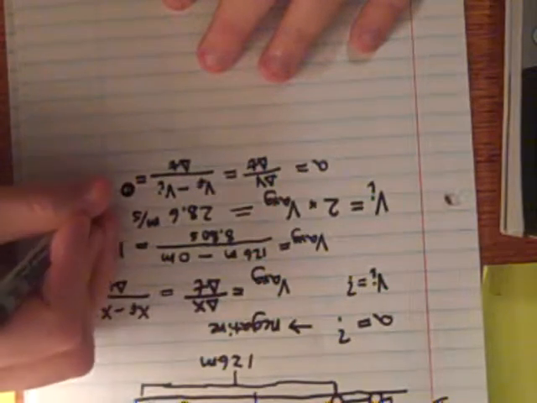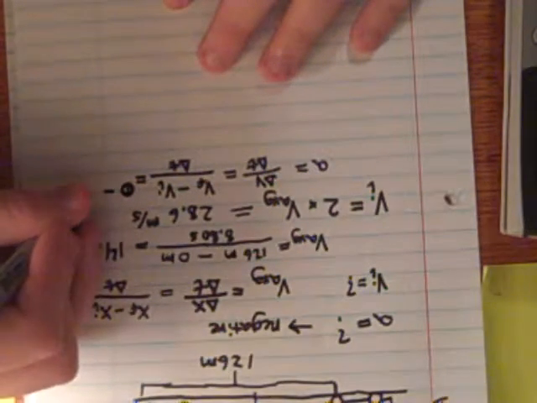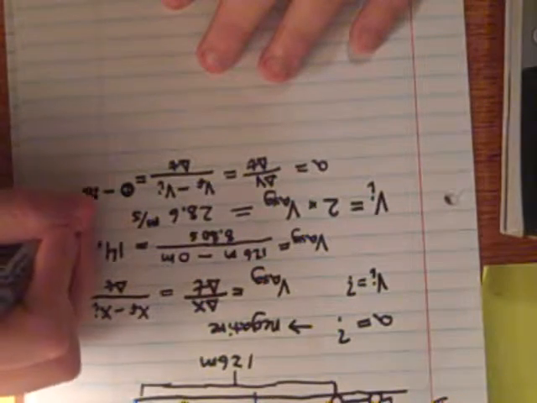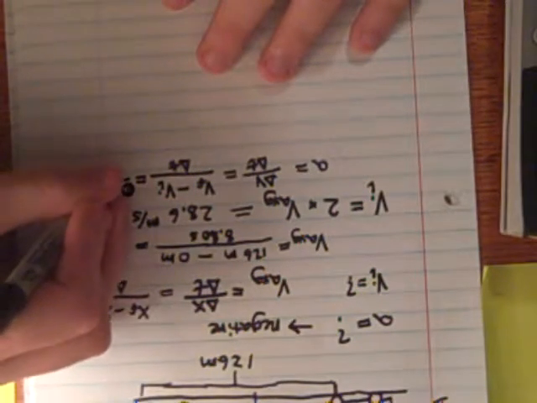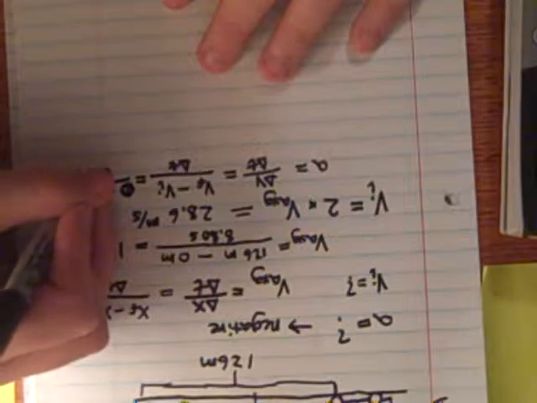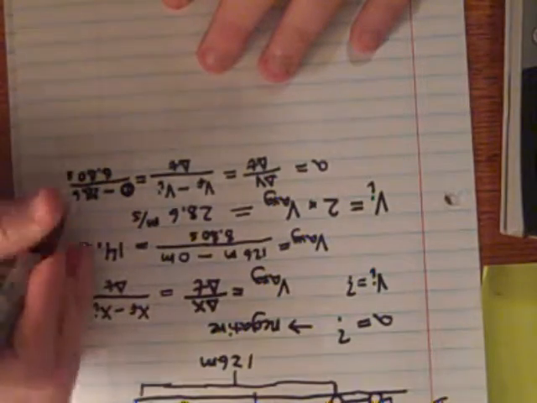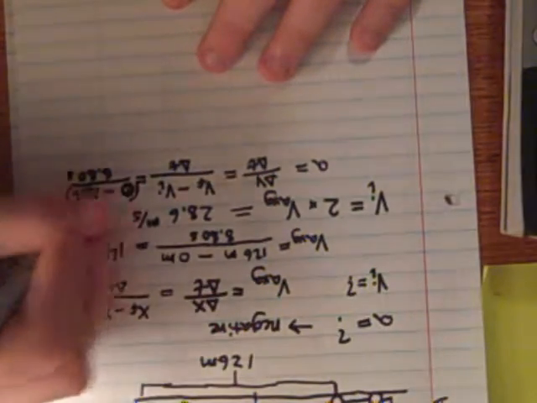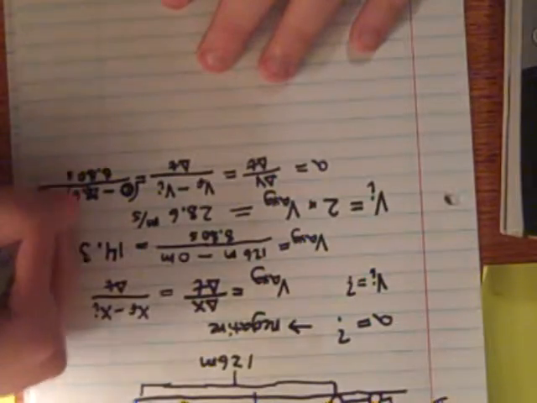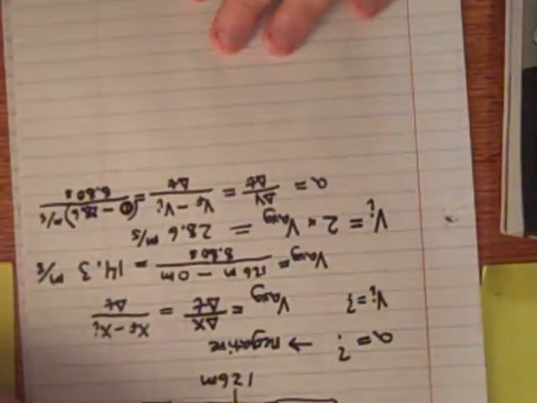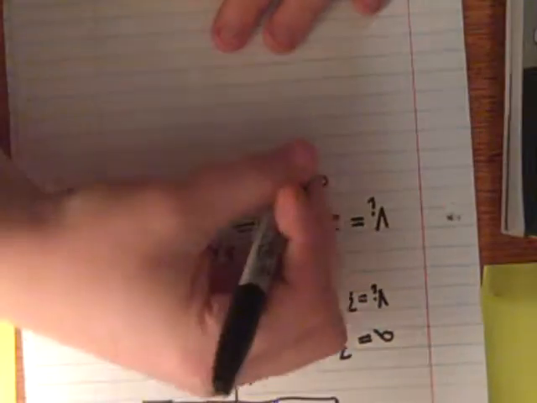Final velocity is 0, initial velocity is 28.6 meters per second, divided by 8.80 seconds. I hope you can see this on the video. I'll try to write big.